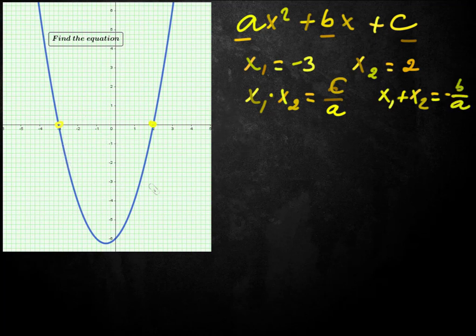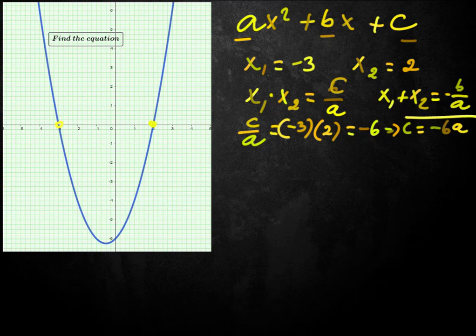We just plug in these values. That means c over a is equal to minus 3 times 2, which is equal to -6, meaning that c is equal to minus 6 times a.